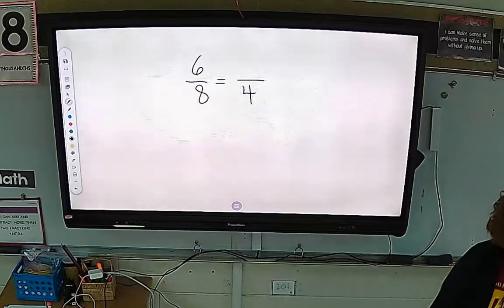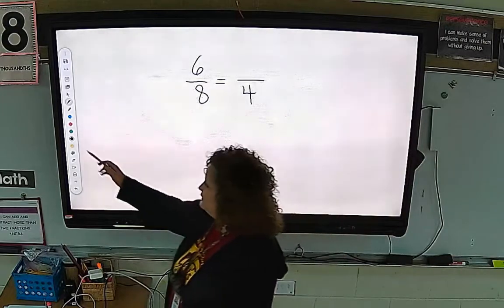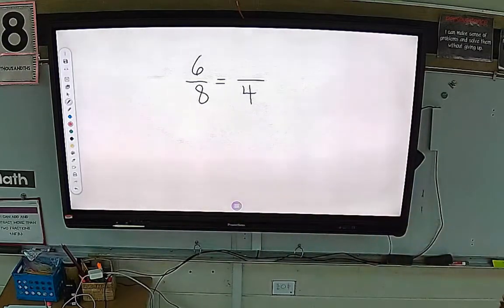What would we do here? It hasn't been that long since we've done this, so let's make sure we're remembering this. Okay, we're not comparing these two. There's not a blank in between them or a big open bubble. We're not trying to see which one is larger. We're trying to make an equivalent fraction.